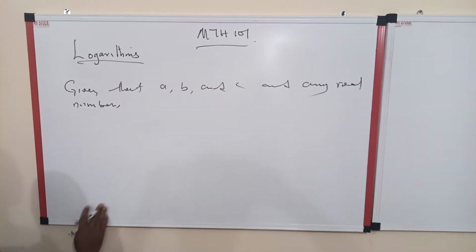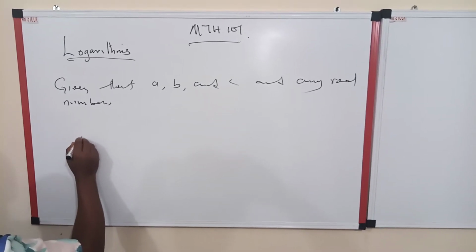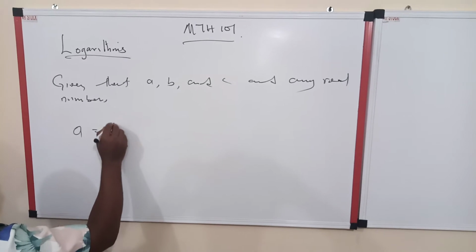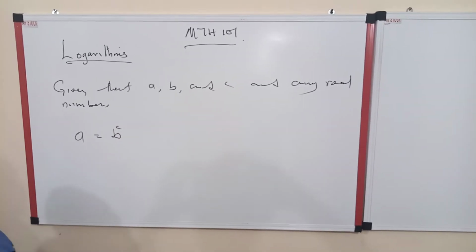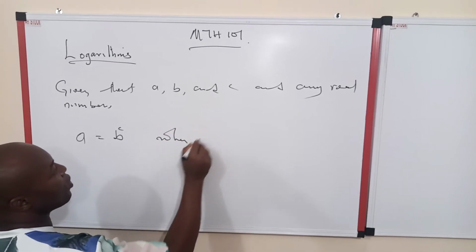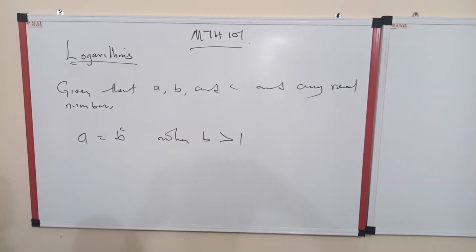Now, in case A, B, and C are any real numbers, we can write A being equal to B raised to power C, where B is greater than 1.